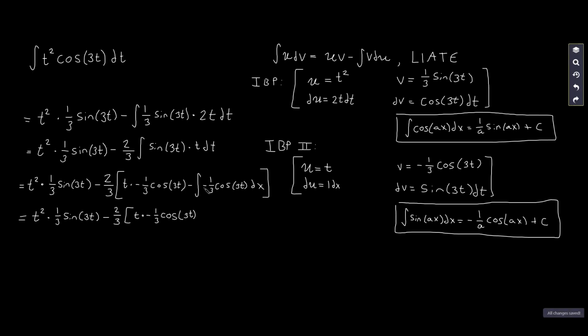I'm going to factor out that negative 1/3. So on the outside of the integral, we should have plus 1/3 times the indefinite integral of cosine of 3t integration with respect to t.